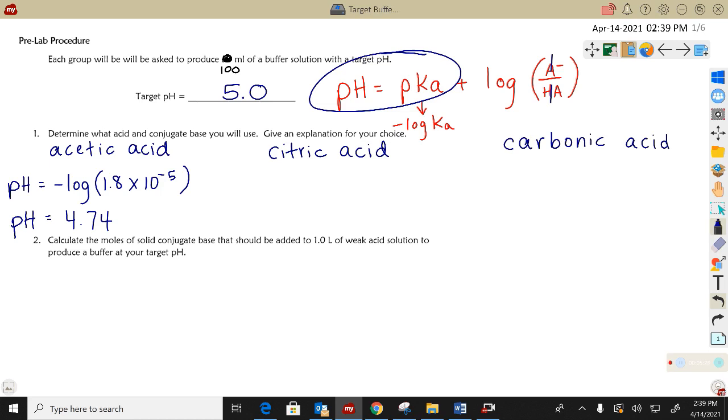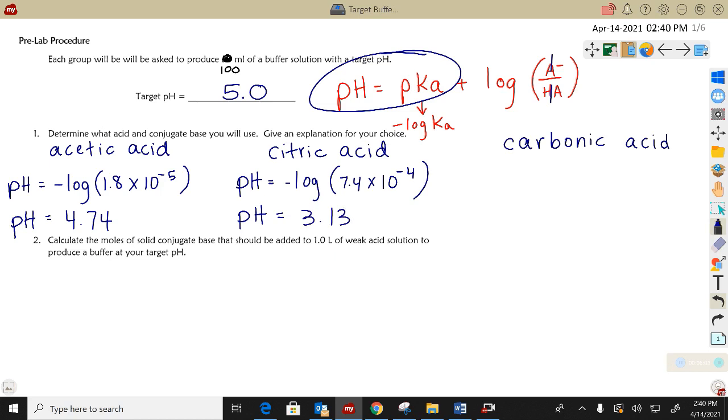Obviously, we can, but then you would see multiple Ka values, and they just represent the release of each successive hydrogen. So I'm going to use pH is the negative log of the Ka1, 7.4 times 10 to the negative 4. We'll plug that in our calculator, and I get a pH of about 3.13.